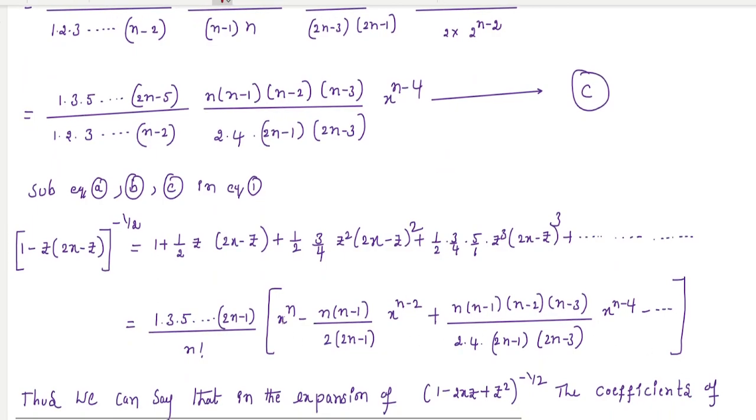This is our z power n term, minus n into x power 1. So after substituting and rearranging this equation, you will definitely get this value. This is our Legendre polynomial. Okay, very important formula this one.